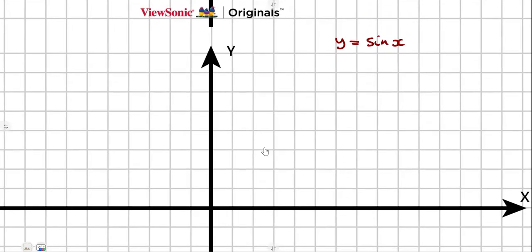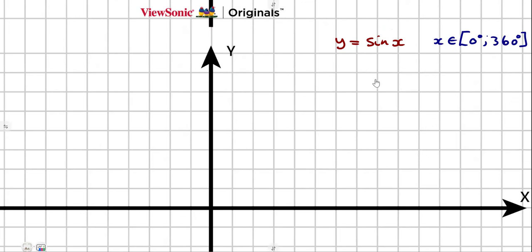So taking our graph, let us take x values from 0 to 360, that is from 0 degrees up to 360 degrees. We can have our graph.